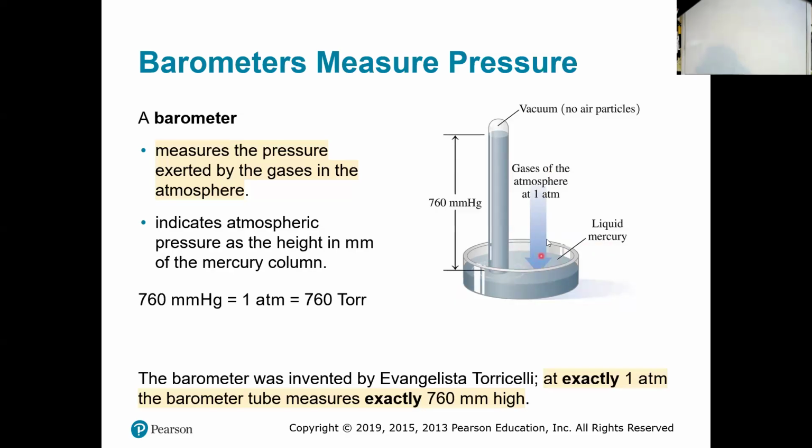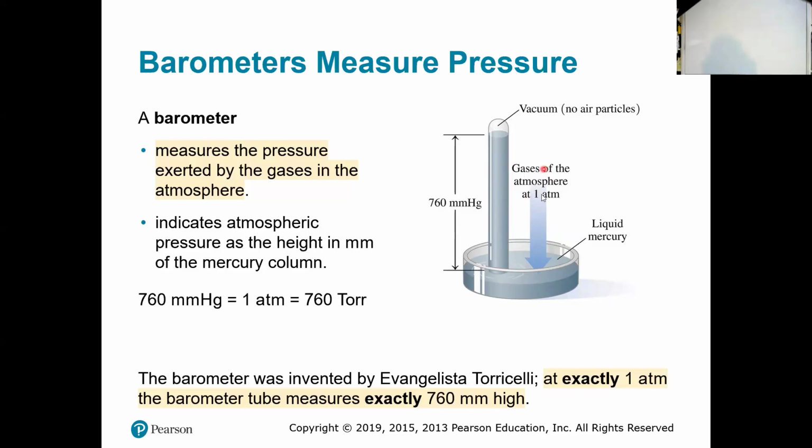We have a tube here with a vacuum in it, meaning that all of the air was removed from this container, which looks like an inverted test tube, before this process, so that's completely empty space.